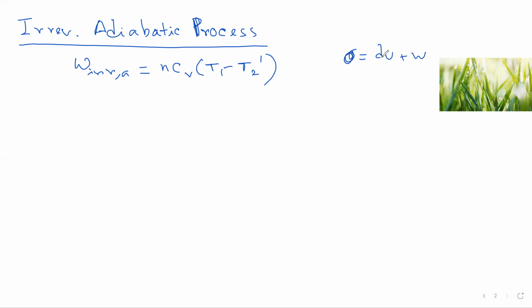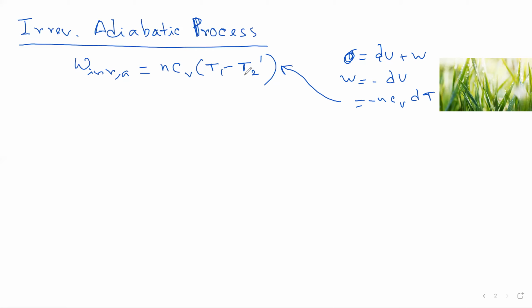This is the mathematical form of the first law in case of an adiabatic process. So W will be equal to minus dU, so minus nCv dT. T1 is the initial temperature and T2 prime is the final temperature. An adiabatic process occurs at the cost of its own internal energy.